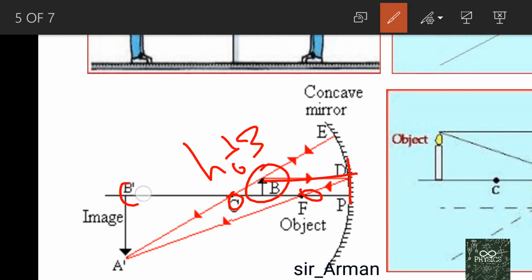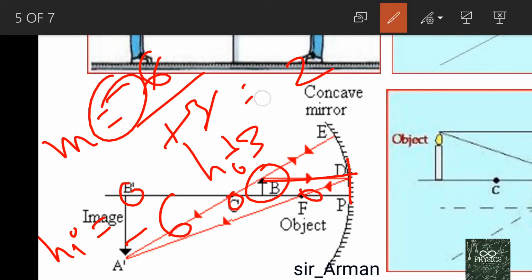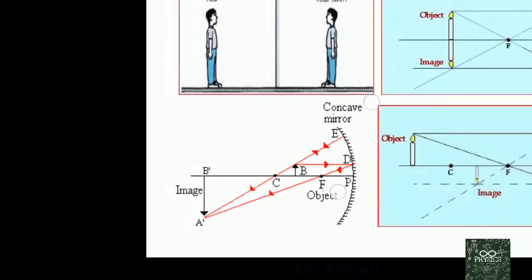And here let us assume the height of the image is 6 centimeters, but it is lying in the negative y, so we can say minus 6. So m is equal to height of image. What is the height of the image? Minus 6. What is the height of the object? Plus 3. So it is 2 times magnified, but we have to put a minus sign here. So the magnification is minus 2.